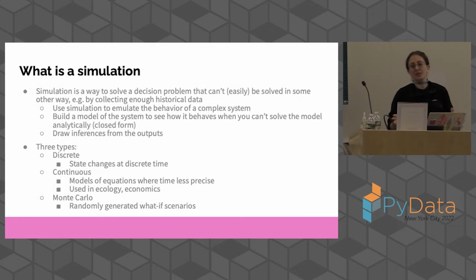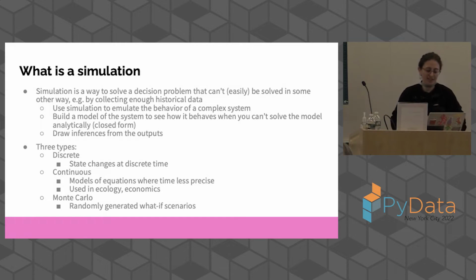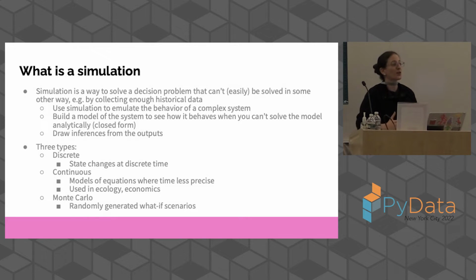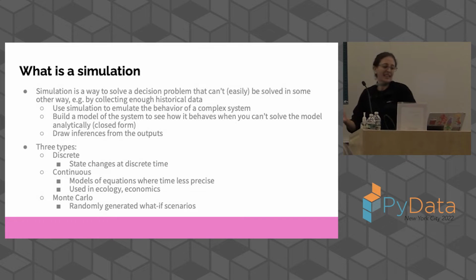There are many types of simulation, so that's very broad, and these three types are very broad categorizations. At a high level, we have discrete simulations. A simulation is something that happens over time, because complex systems exist in time. Something is going to happen, and something is going to happen after it. In discrete time simulations, we say that time happens discretely.